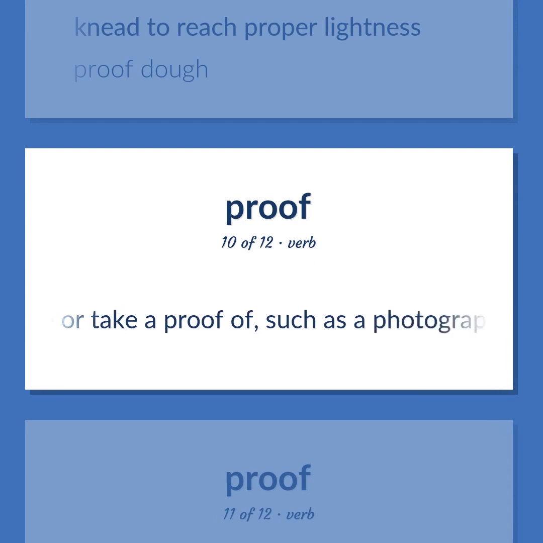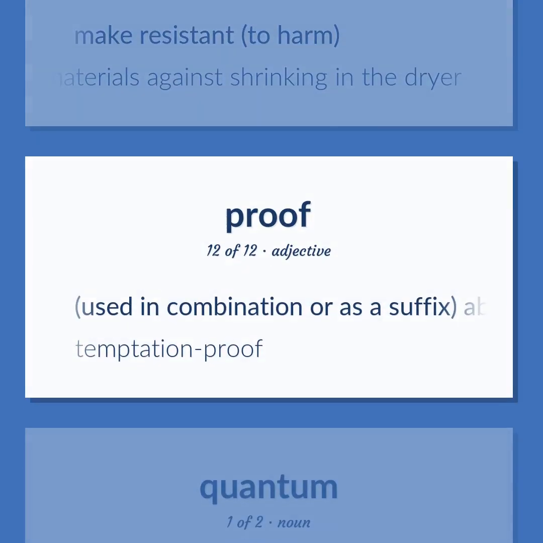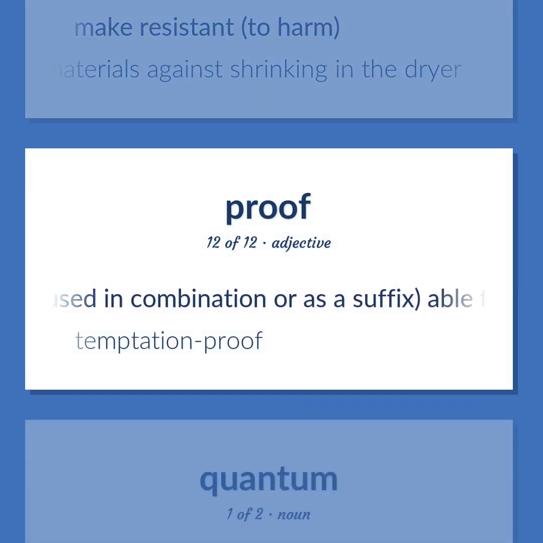Make or take a proof of, such as a photographic negative, an etching, or typeset. Make resistant to harm. Proof the materials against shrinking in the dryer. Used in combination or as a suffix, able to withstand. Temptation proof.